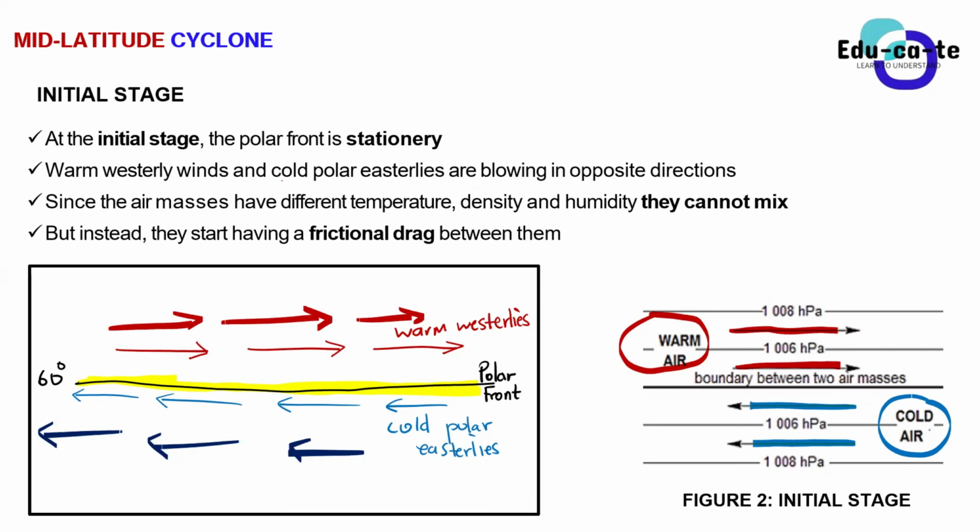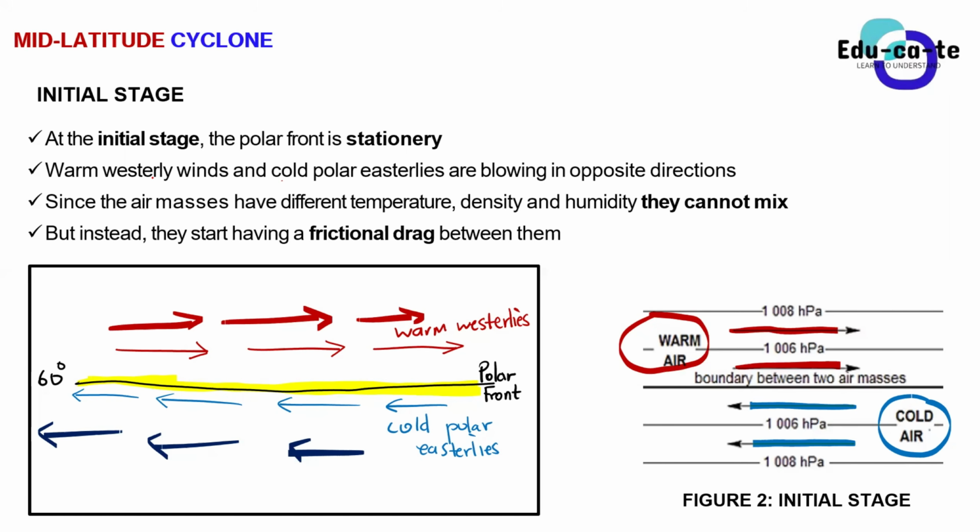Yes. So just a summary. We started doing the initial stage, which is the first stage in the development of a mid-latitude cyclone, and we have mentioned a couple of facts such as that during the initial stage the polar front is not moving, it is stationary. We say that we're having the warm westerlies. You still remember them from the map, right?